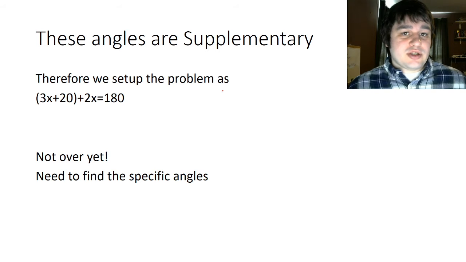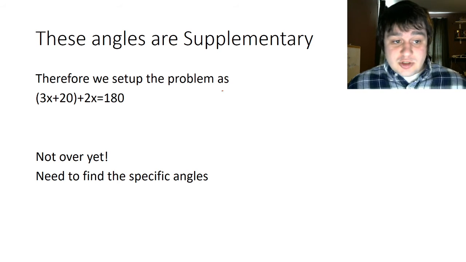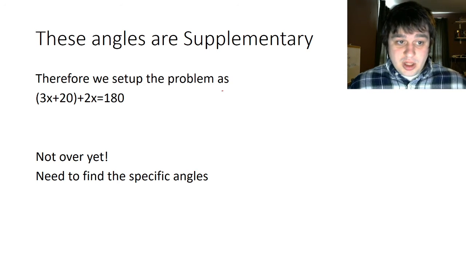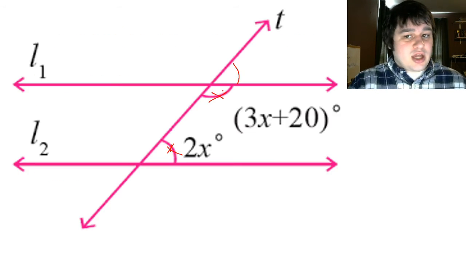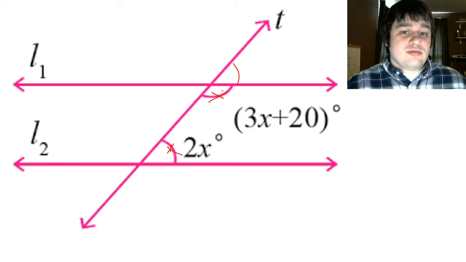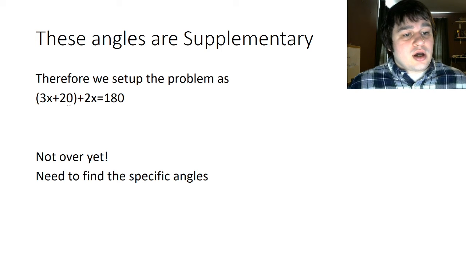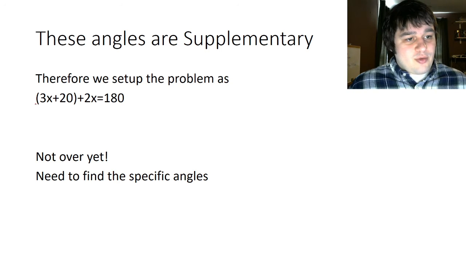Now, we set up the equation since these angles are supplementary. Therefore, we set up the equation as 3x plus 20 plus 2x, which is the other angle. So the two angles added together is equal to 180. Then we can solve this. I can get rid of the parentheses because we just have a 1 over here technically.